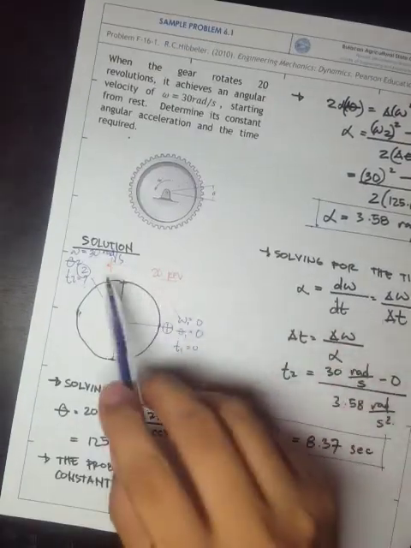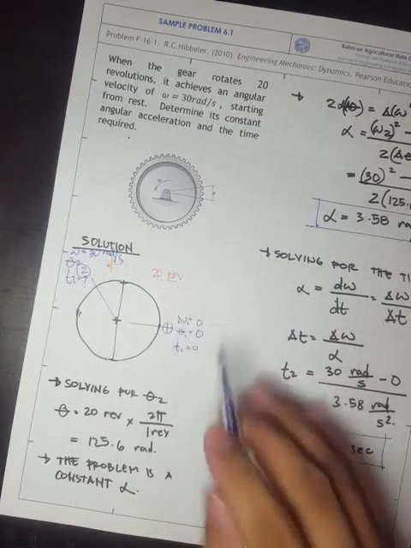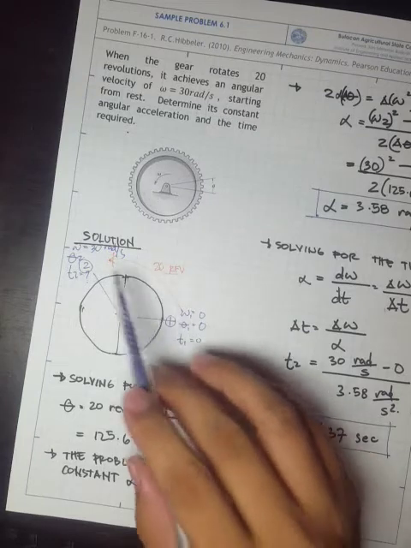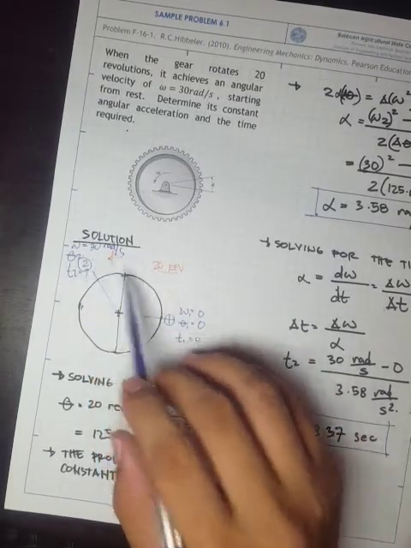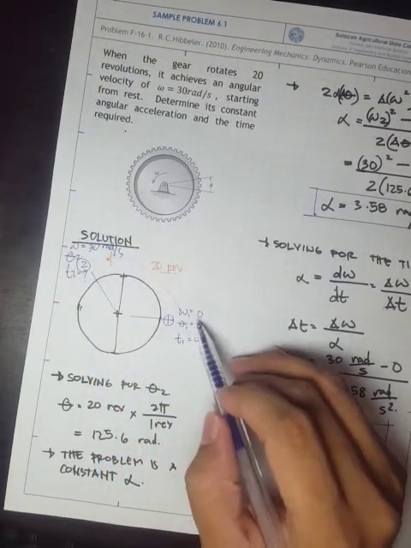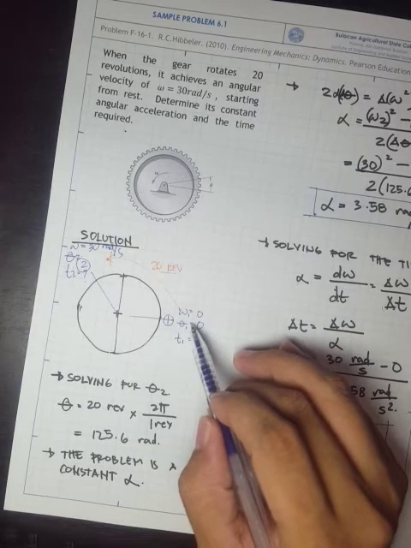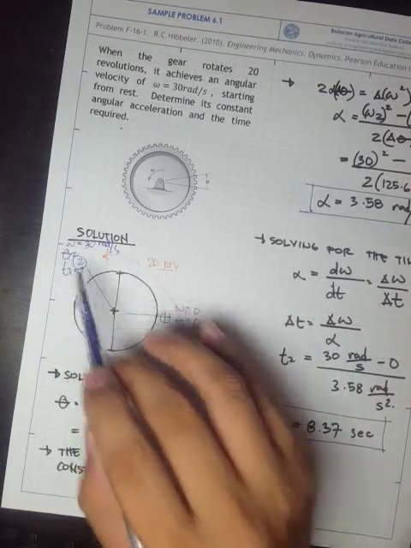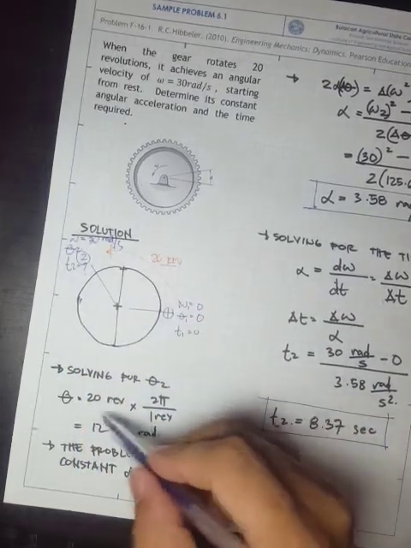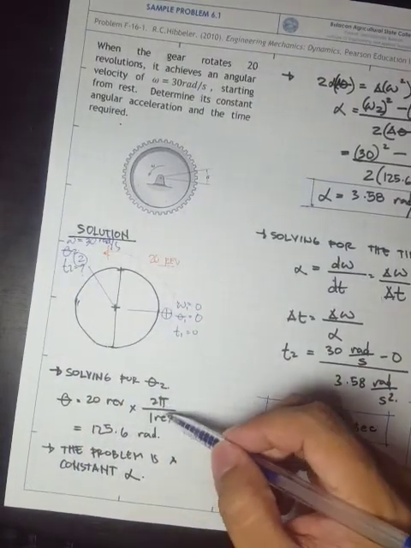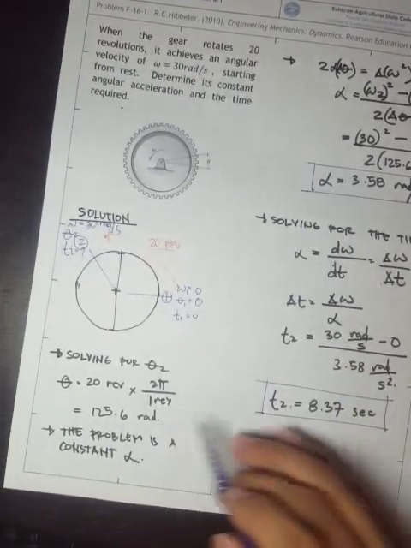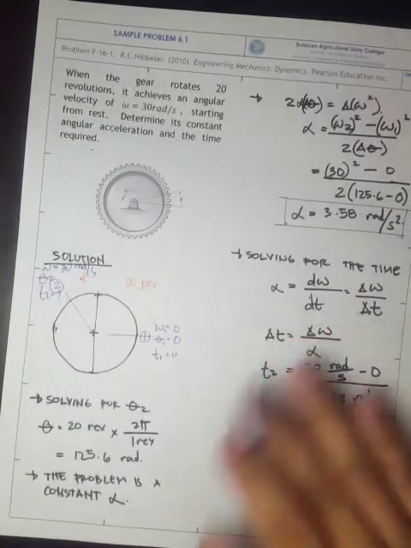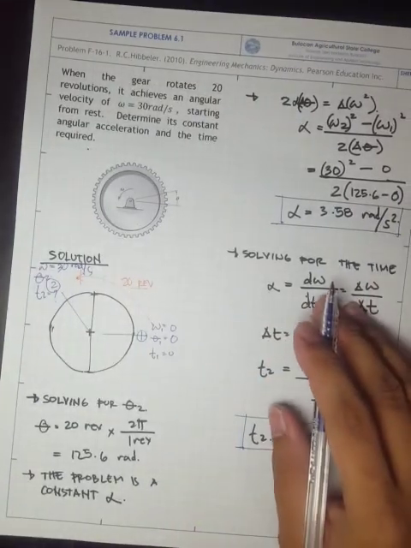First, since we are given 20 revolutions, it's actually the position, because it is 20 revolutions from rest, meaning this is the starting point. So we convert the revolutions into radians and we get the answer 125.6. Since the problem is constant acceleration, we can apply the equations for constant acceleration.